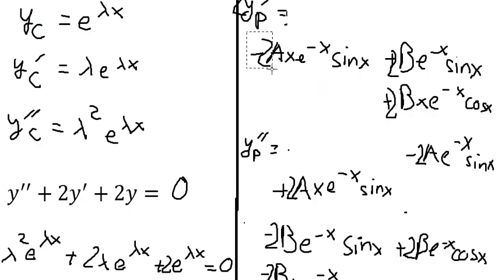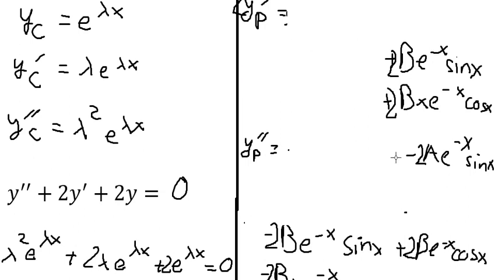Now this one negative number 2. This is positive number 2, ase to the power of negative s sine s. They eliminate. Now this one and this one. This is positive number 2. This is negative number 2. So they eliminate.